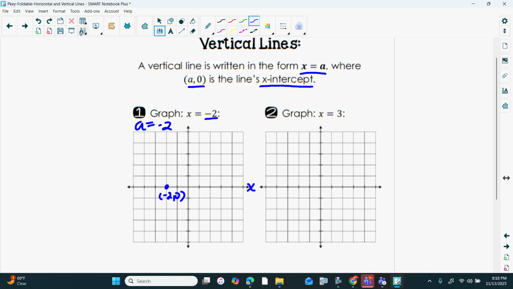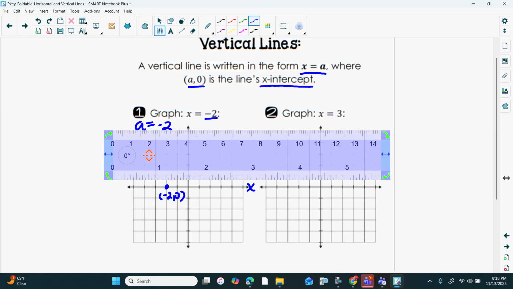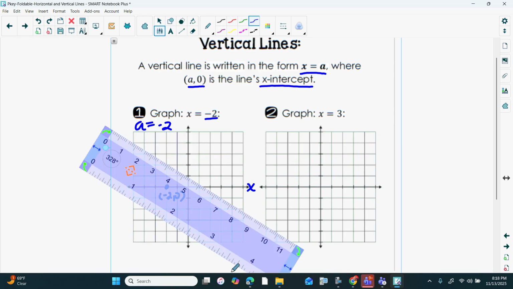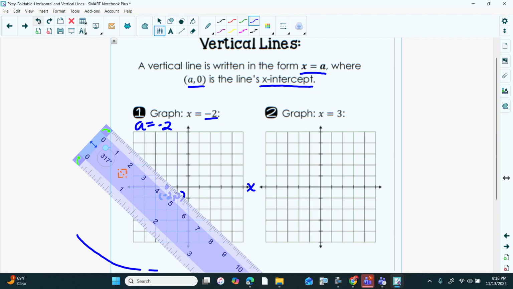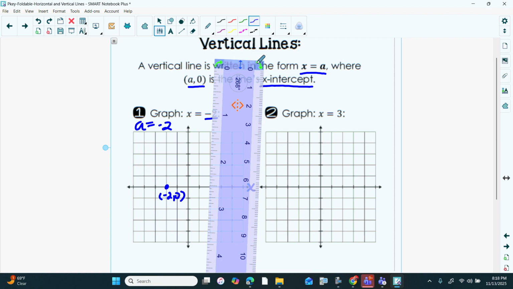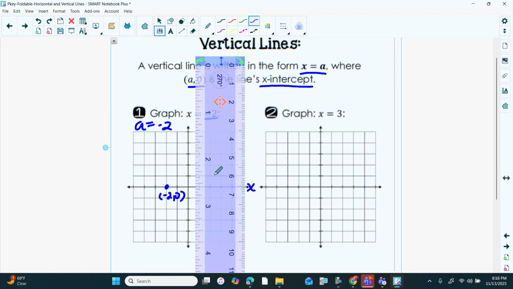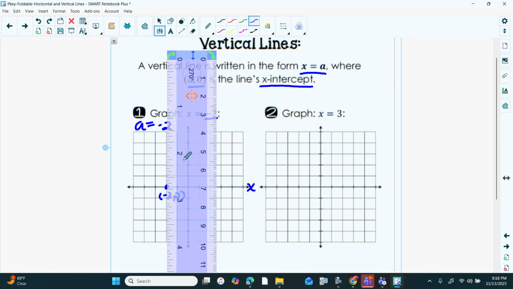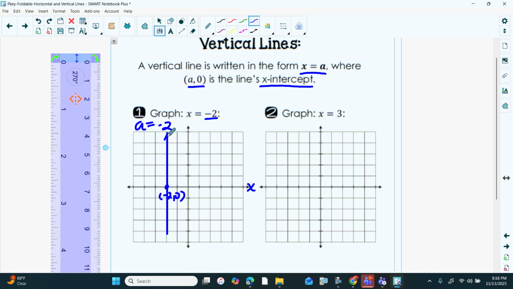So what you would do is, since it's vertical, that means it's going up and down. You would get your ruler and line it up right here at that point, and then draw my line through that point to create the vertical line.